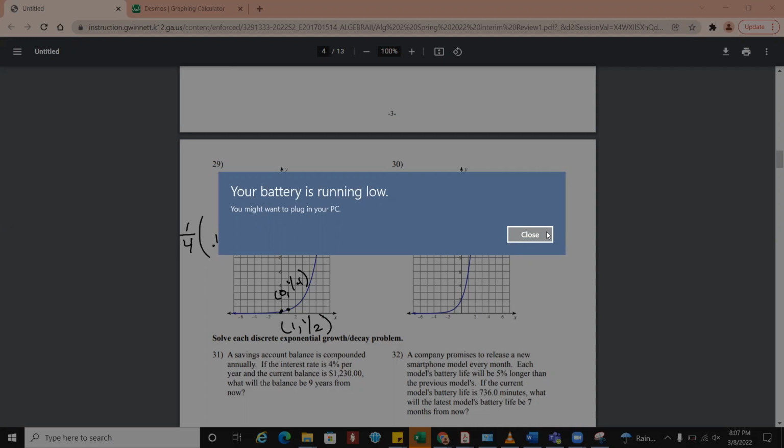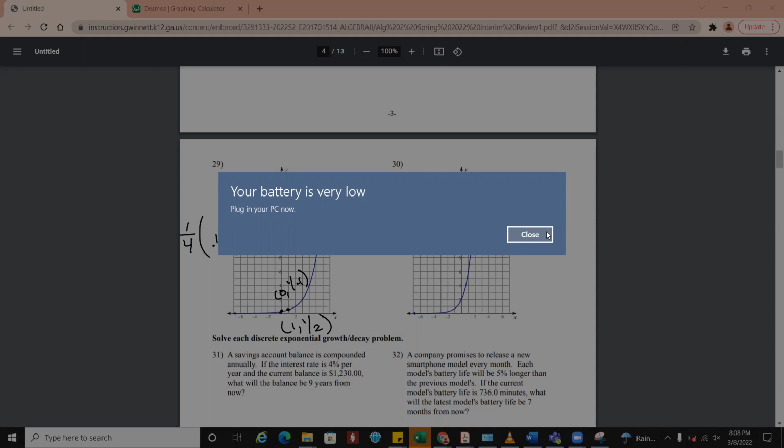Okay, so we need to make sure that that rate, that growth factor, is greater than 1.